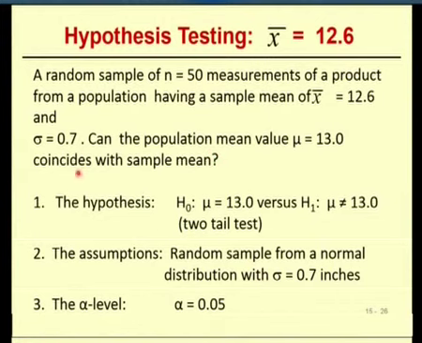We do not have any greater than or less than in the question, therefore my alternative is mu not equal to 13. So, that means it is a two tailed test. As I told you, we are assuming that the samples are drawn from a normal population, and I know my population standard deviation, sigma equal to 0.7 inches. And my alpha level, as I told you, is the globally accepted 5% level of significance.